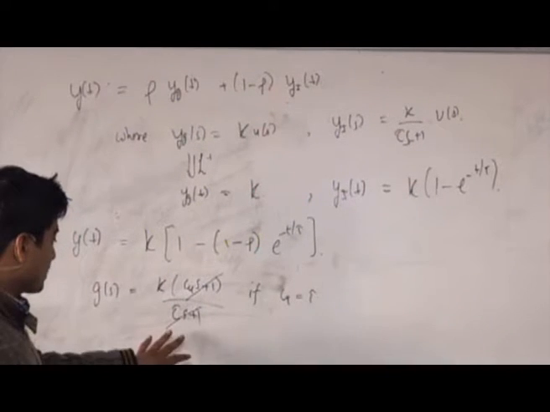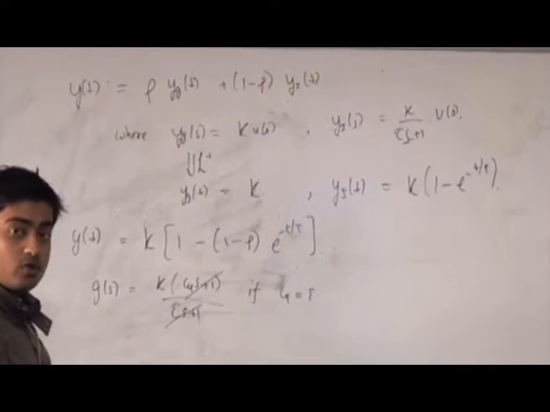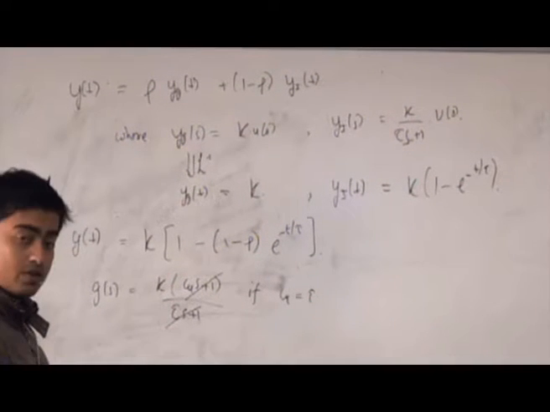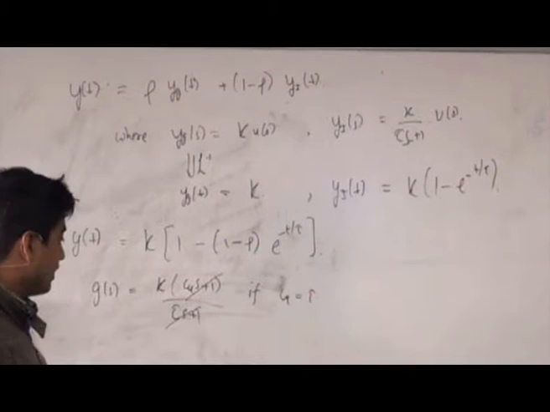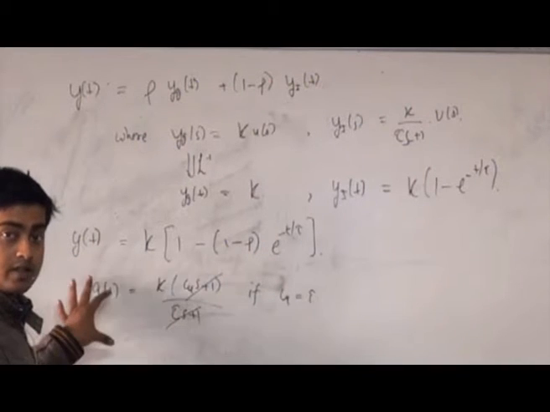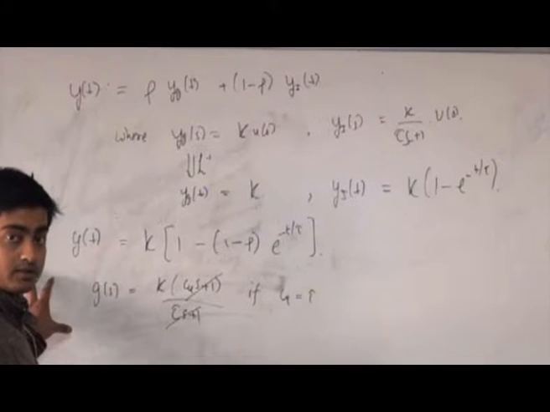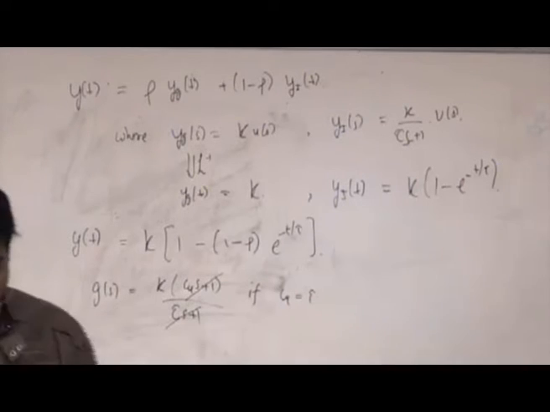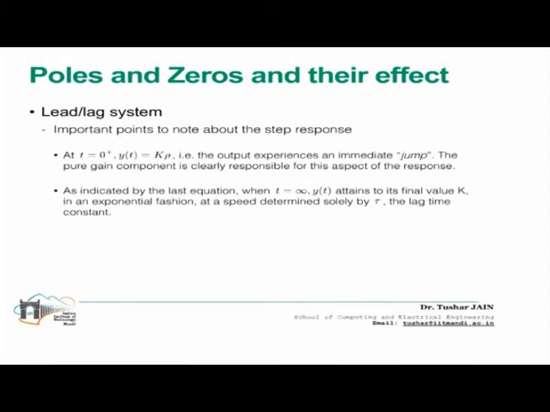So you need to be careful in designing that. First of all there should not be a pole zero cancellation, and if it is being cancelled out by the controller, then how will you deal with that situation so that the system dynamics are not hidden by the controller. Okay, so there are some important points.